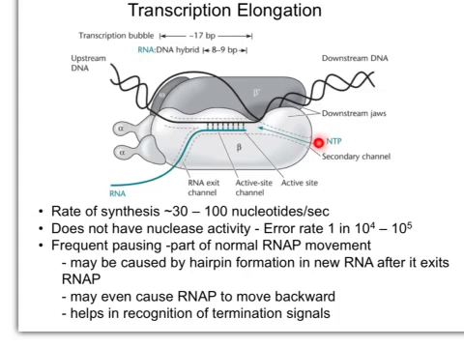The NTPs enter through this channel that's shown, which actually represents a channel on the inside between the beta and beta prime subunits. This is called the active site channel because this is where new nucleotides are added to the 3' end.